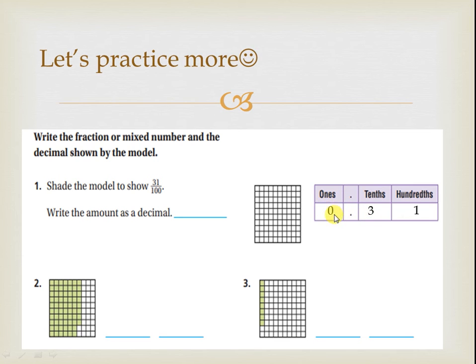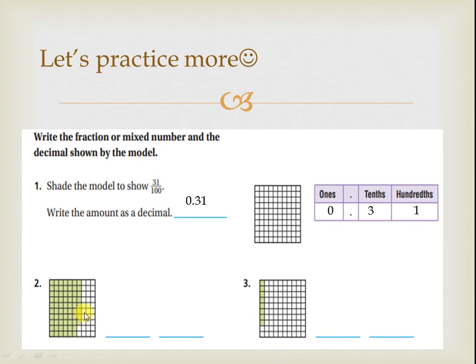Do we have whole ones? No. Then decimal point. After that comes 31. So 3 is in the tenths place and 1 is in the hundredths place. And as a decimal, we can write it 0.31.